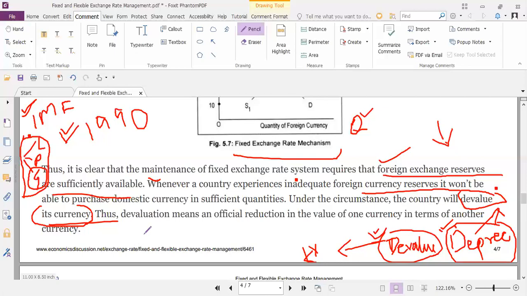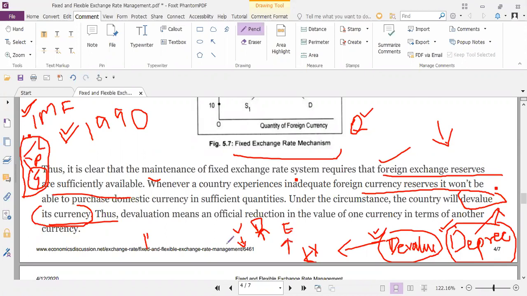So when we reduce the value of our currency, our goods become very cheap in the international market. When they become cheap, the demand for our goods will increase there in the international market. So you can see the value of money is falling and therefore demand will increase, and if demand increases then exports will increase.